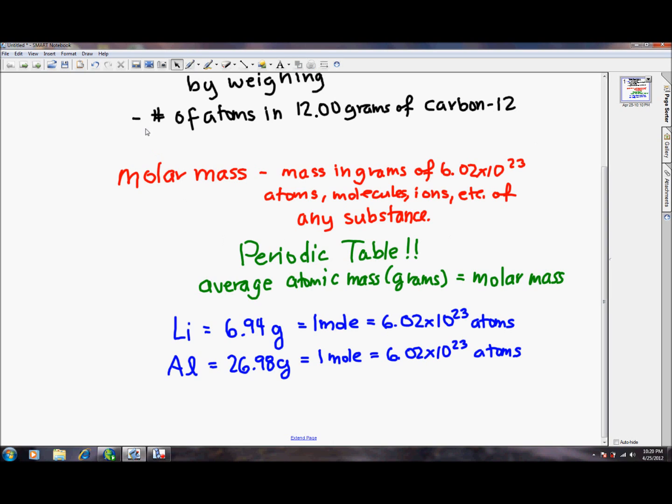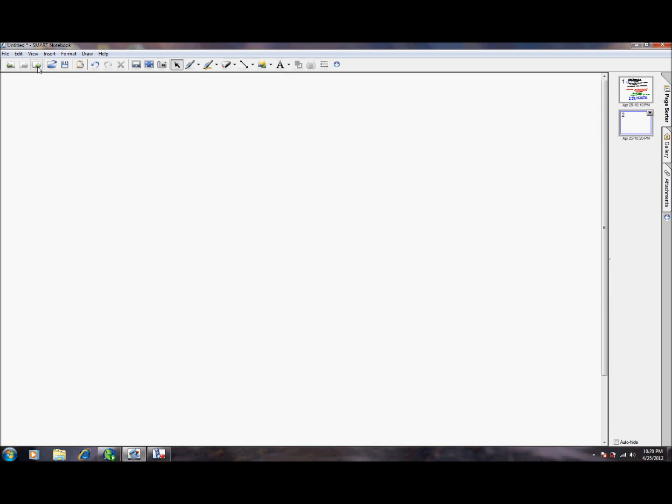Okay, so now it's easy to find the molar mass of an element. What about the molar mass of a compound? What happens if I have something like sodium hydroxide? If I have 1 mole of sodium hydroxide, made of sodium ions and hydroxide ions, how much does that weigh?